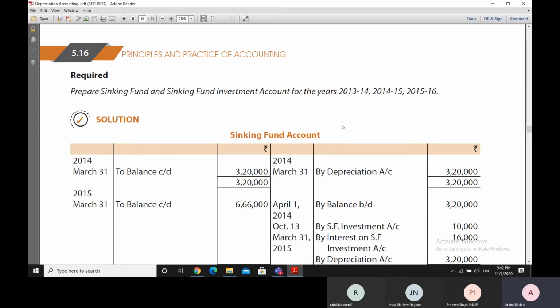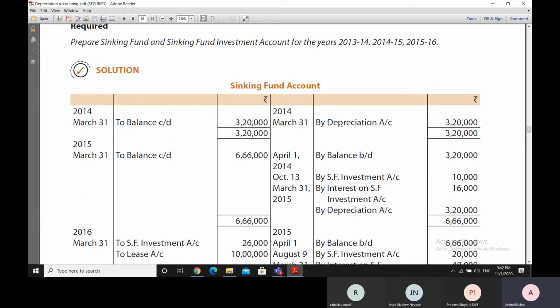So the journal entry here is debit the depreciation account and credit the sinking fund account by 3,20,000 rupees, and this 3,20,000 rupees is thereafter carried down, and after being carried down, it is brought down on April 1, 2014.